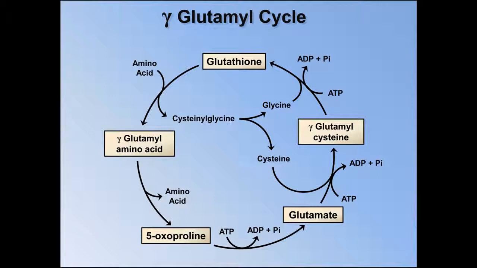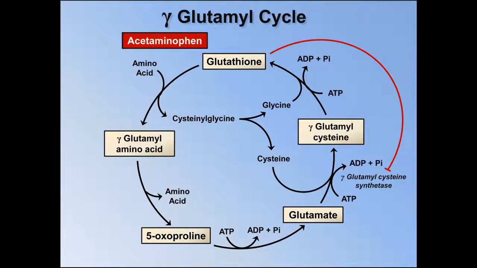I will skip most of the specifics of this cycle, but there is one key enzymatic step to be aware of here, where gamma-glutamyl cysteine synthetase catalyzes the conversion of glutamate to gamma-glutamyl cysteine. Activity of this enzyme is usually under negative feedback from glutathione. However, in patients on chronic acetaminophen, glutathione levels are reduced.